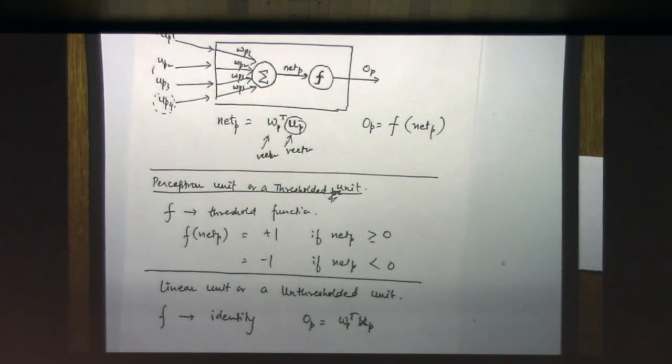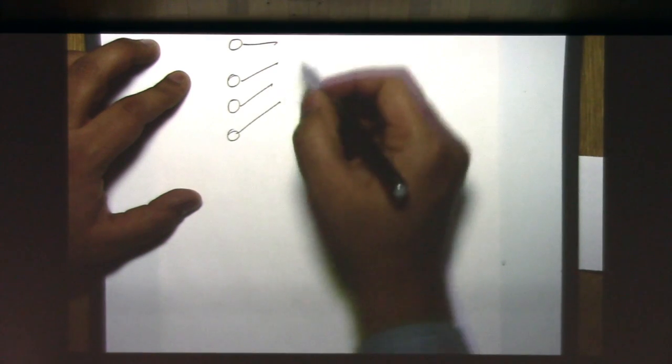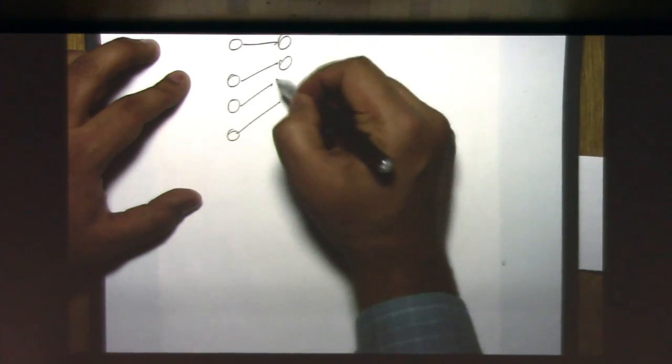To address that issue, the next type of classifiers we'll look at are called neural networks, and what they do is create a network of these perceptrons. Think of it like this: when you go to your machine learning store, you can buy many of these units, and then you arrange them into a network where you have one layer that goes to another layer.